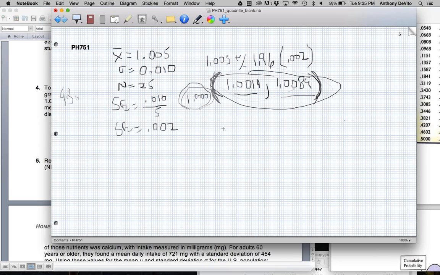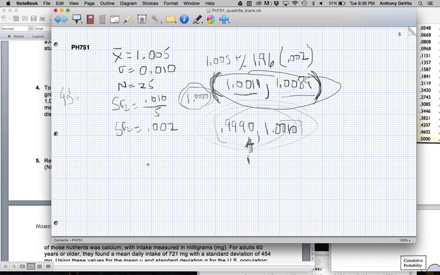Now, had we gotten a confidence interval of 0.9990 to 1.0010, well, then our 1 gram would have been within that confidence interval. So we wouldn't have been able to say with 95% certainty that the true mean of the whole population of measurements is really going to be different.